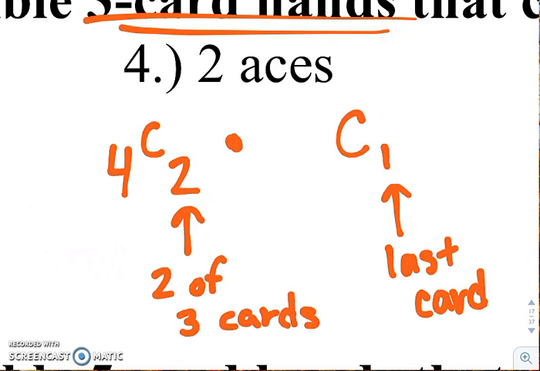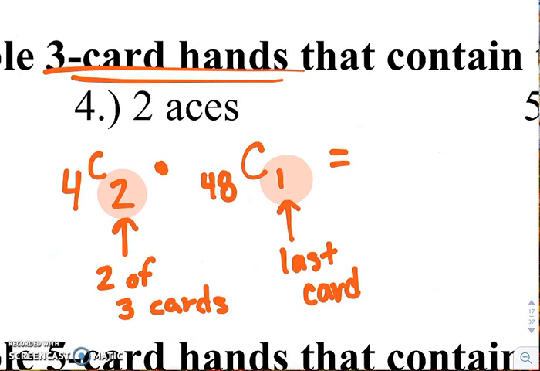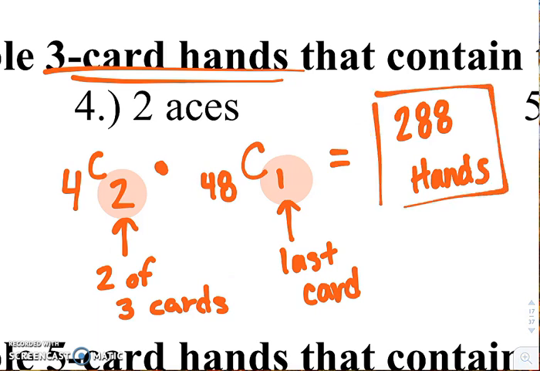So if you take 52 excluding the 4 aces, that means we have 48 cards to choose that last card for our hands. So 2 and 1 are the 3 cards we need. If we multiply 4 choose 2 times 48 choose 1, we get 288 hands that would have 2 aces and then some other card. It doesn't necessarily specify what that third card would be.